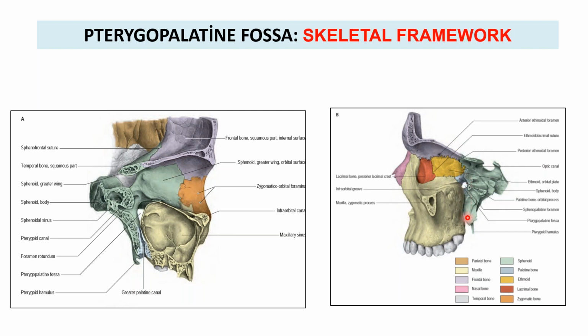You can see the portion of the palatine bone coming over here and fusing with the maxilla bone. This is limiting the inferior extent of the pterygopalatine fossa. So this small space in this picture and this small space in that picture is the pterygopalatine fossa, and you have to look for this fossa in between the maxilla bone, the sphenoid bone, and the palatine bone.